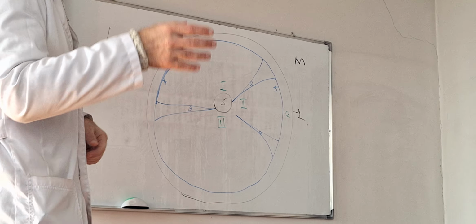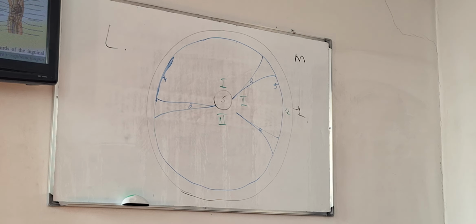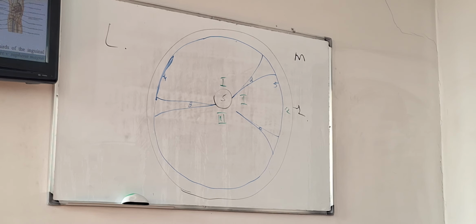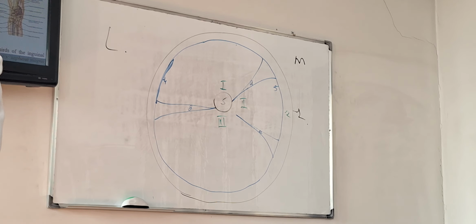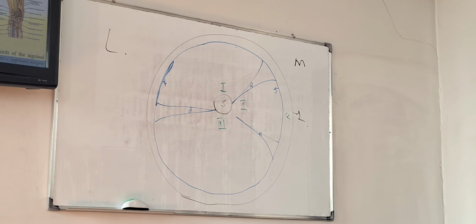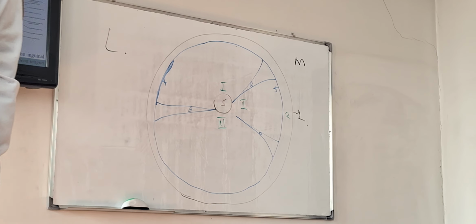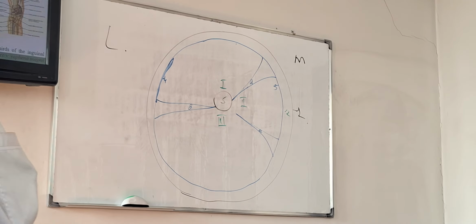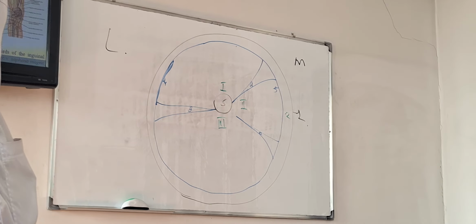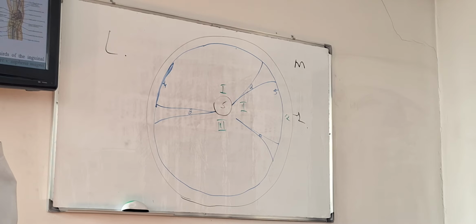Okay, now a little bit about these spaces. Last time in my lecture I told you that the interfascial space contains neurovascular bundles. The interfascial space is an empty space with loose connective tissue and vessels and nerves. That's why an inflammatory process can spread very widely inside of the space.